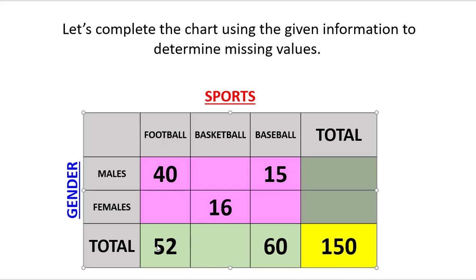So if we add 52 plus 60, what number could we then add to equal 150? Well, using a little bit of math, you could figure out that 38 has to go there, because that's the only number that we can add to 52 and 60 and get 150.